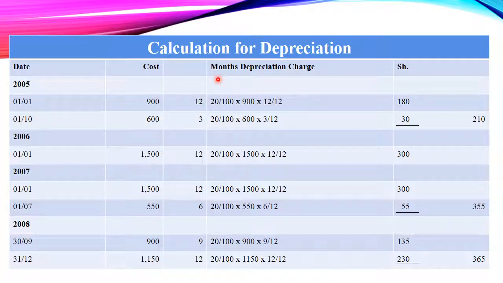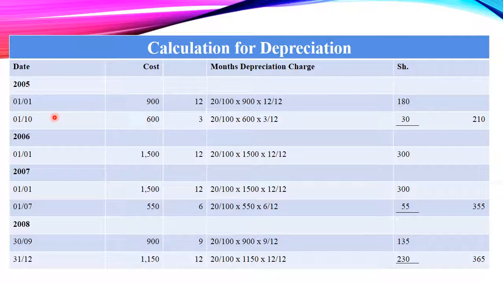We have been given the depreciation rate as 20% per annum, and therefore the depreciation of 2005 for the asset costing 900 will be 20 out of 100 of the cost, which is 900, times the total months which the asset was in the organization, which is 12 out of 12, and the depreciation will be 180.